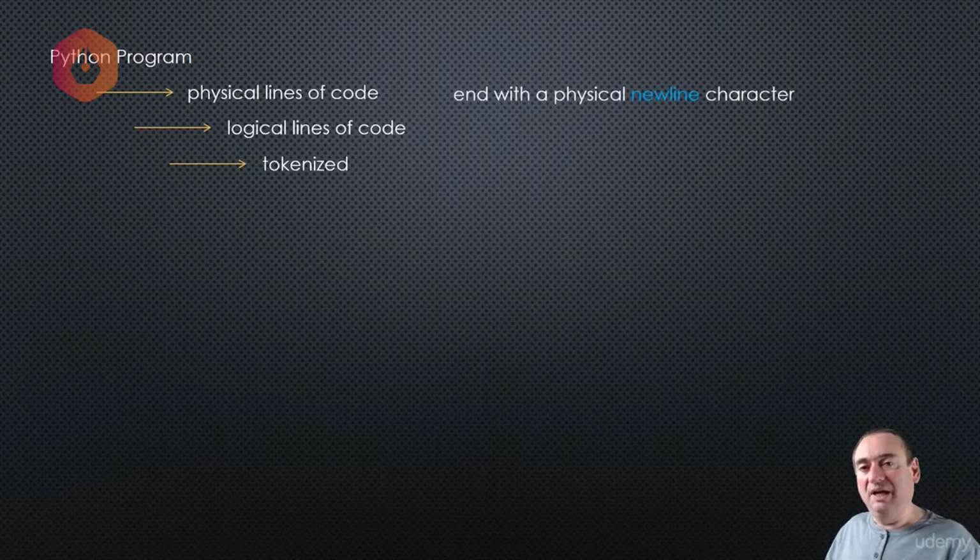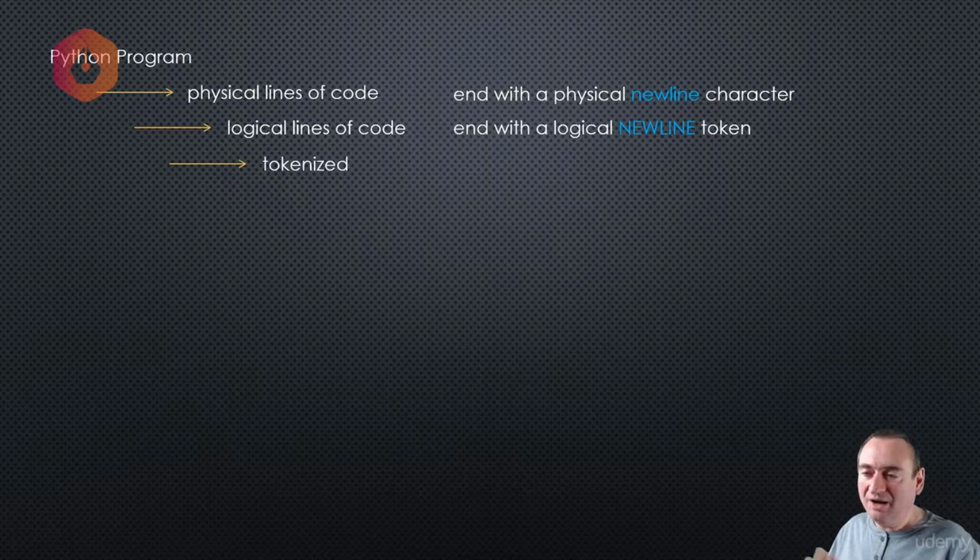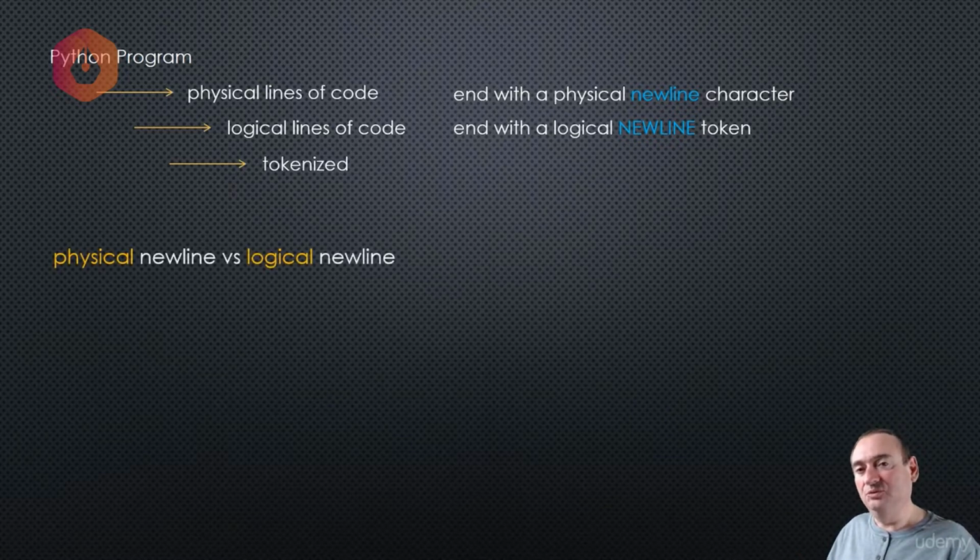Physical lines of code will end with a physical new line character, and logical lines of code, once they've been tokenized and parsed, will end with a new line token. How that gets done isn't really important. But what's important is that we realize there's a difference between a physical new line character and a logical new line token. They're not necessarily the same thing. Very often they are, but not always.